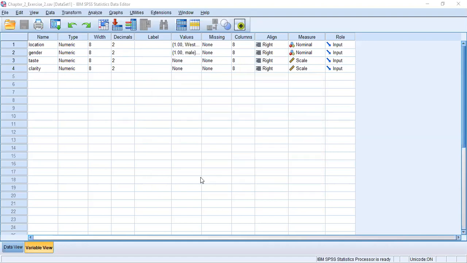The question was that you have to find out the mean and standard deviation for taste and clarity, and simultaneously you have to layer the data with male and female. So here we've got the value for male for all the three cities. These are the means we have got.